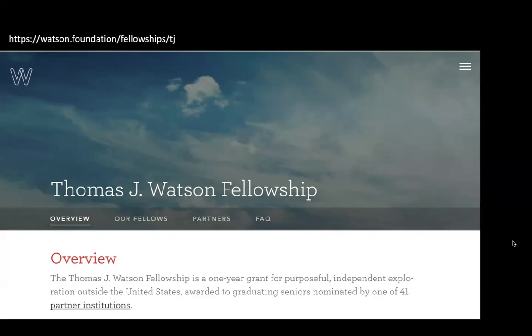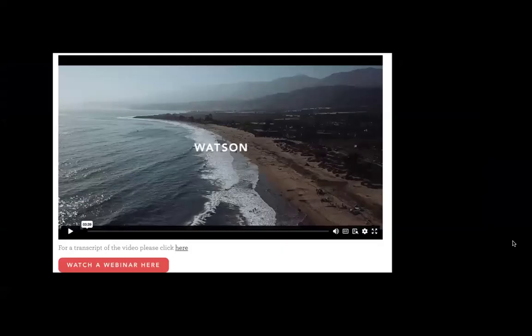The beauty of the Watson is that you do whatever you want to do over the course of a year, and there's no product needed. So you don't need to say, I want to do a Watson, so I write a novel or I make a film. The product, it's you. So that's why it has to be about something that you're truly passionate about, something that is truly and completely you.